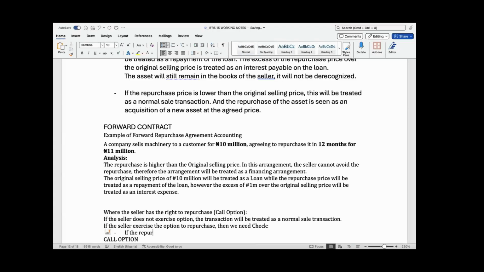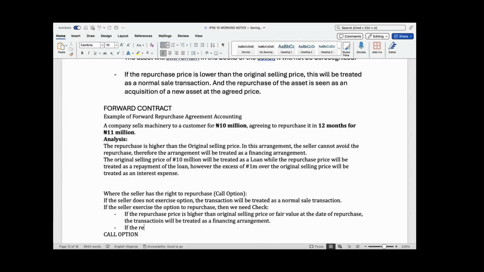that if the repurchase price is higher than the original selling price, or the fair value at the date of repurchase, the transaction will be treated as a financing arrangement.